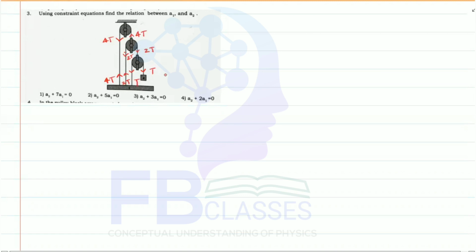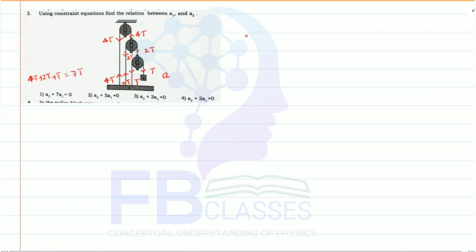Yes or no? For the second block, it is only 1 tension. So if you consider acceleration A, I am going to write 4T plus 2T plus T is equal to total 7T.